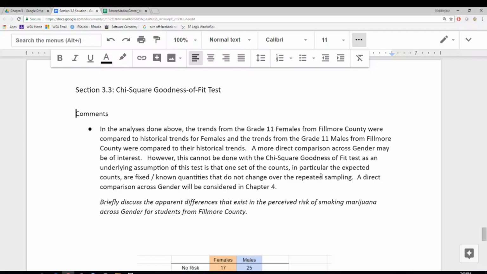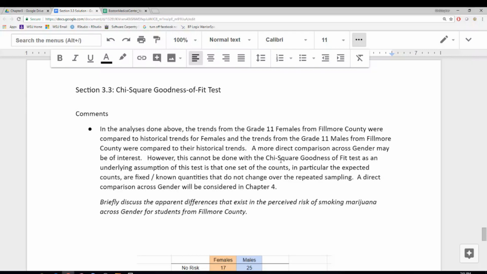Okay, so I did those analyses separately, right? I looked at the grade 11 females. They were compared to historical trends for females. And then I looked at the grade 11 males and compared them to the historical trends for the males.